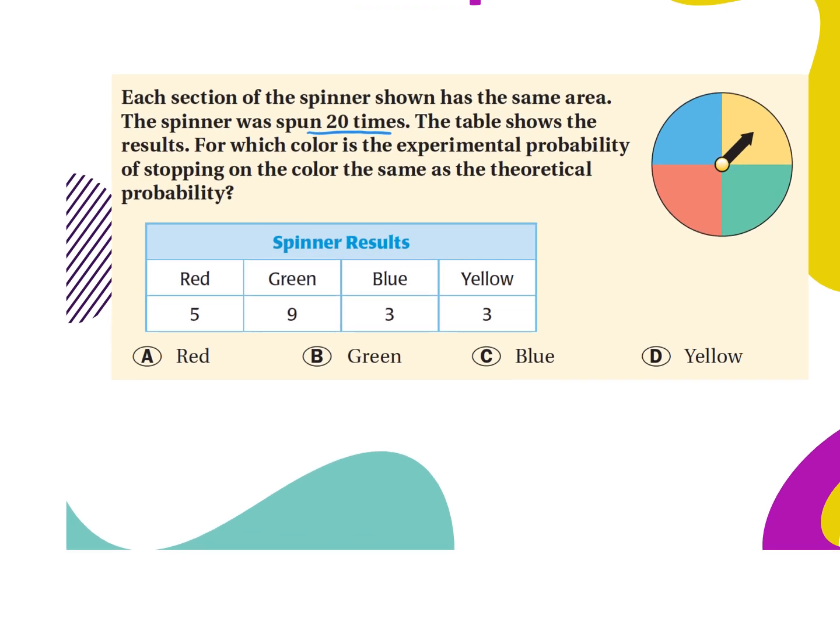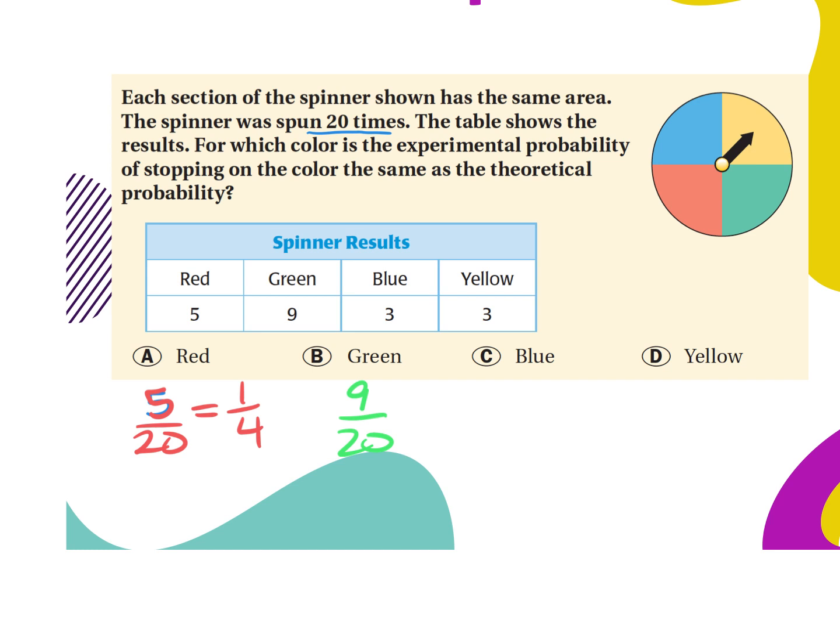So for the red, once I do my experimental, it came up 5 times, so 5 over 20. And then I simplify, and the experimental probability of red is 1/4. Then when I do the green, green came up 9 times out of 20. I can't simplify it, so that one's done.